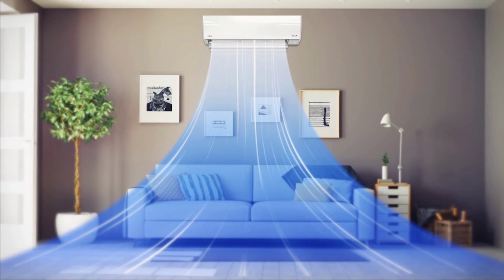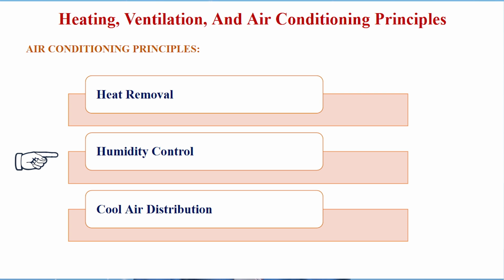It will maintain the temperature of the room in which AC is being used. So the first principle of air conditioning is heat removal. Air conditioning systems remove heat from indoor air to lower the temperature. This is achieved through the refrigeration cycle, where refrigerant absorbs heat from indoor air at the evaporator coil. Second principle is humidity control. Air conditioners dehumidify indoor air by condensing moisture on the evaporator coil.